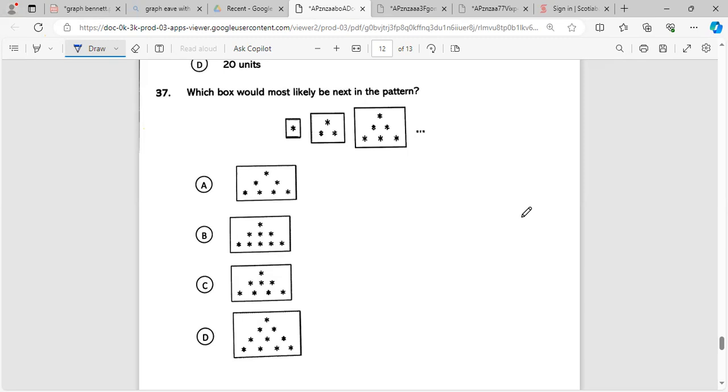So if you count the others, count A: 1, 2, 3, 4, 5, 6, 7. 7 is an odd number. But let's check the others just in case, because I don't know if the others can also be odd. 1, 2, 3, 4, 5, 6, 7, 9. That is also an odd number. Yes. But a 9 is already up there because they have 1, 3, and 9.